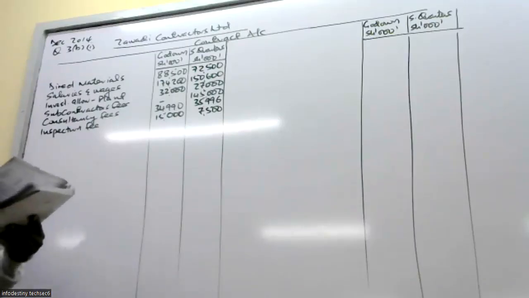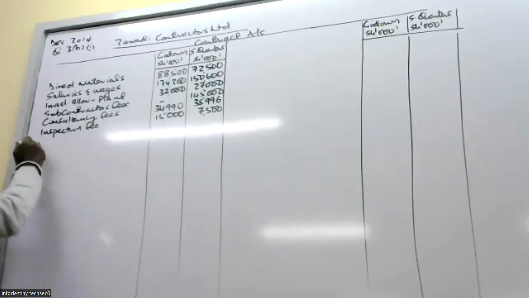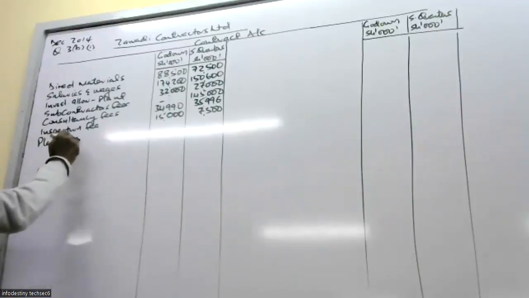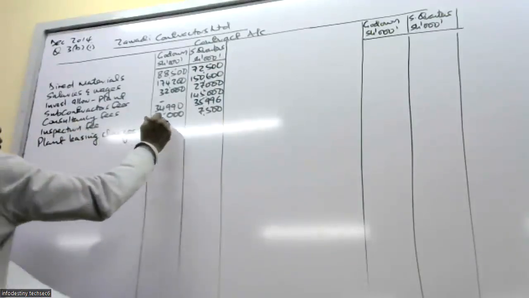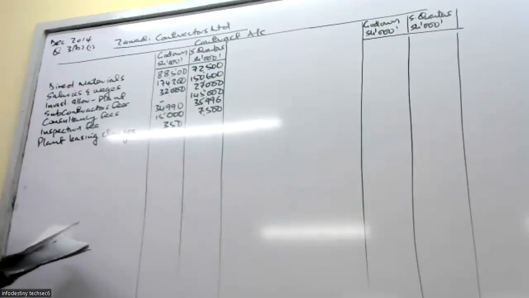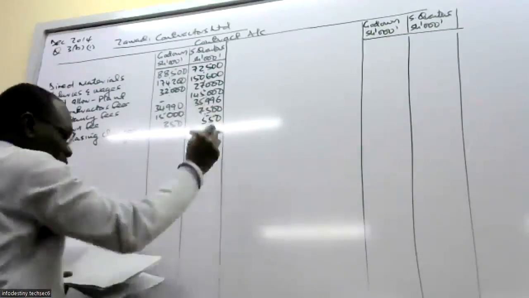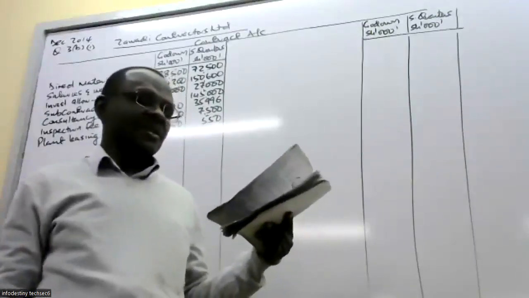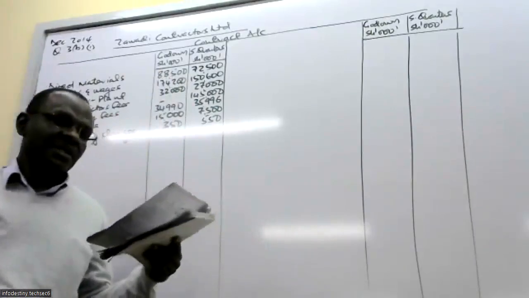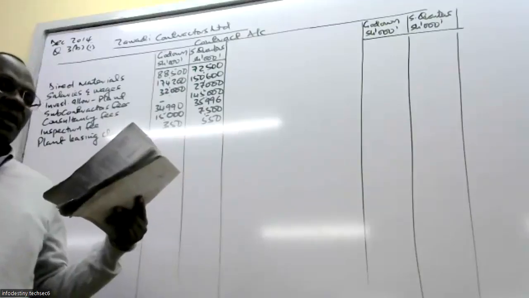Salaries we finished. Head office expenses is not a direct cost. Materials transferred, material sales, we will bring in plant leasing charges. So plant leasing. They leased additional plants, so we have 350 for plant leasing and 550. Then we have direct expenses. Direct expenses has adjustments in note 2. For example, direct expenses for godown is 4,000.